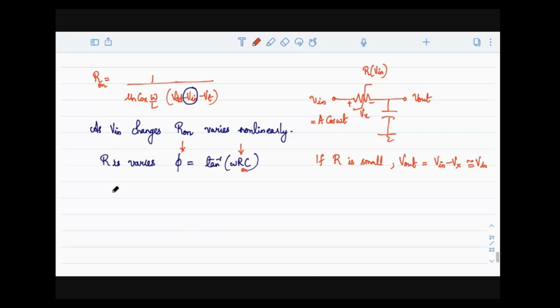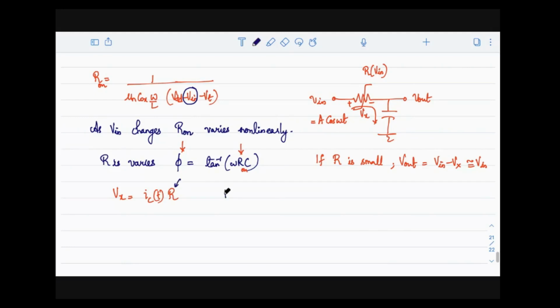Now, if I'm looking at the Vx part, what is Vx basically? Voltage across the resistance. It is actually the current flowing through the capacitor into the resistance value, right? So I will write it as the current flowing through the capacitor, which is IC of t into R. Now I am looking at this resistance R as a nonlinear component.